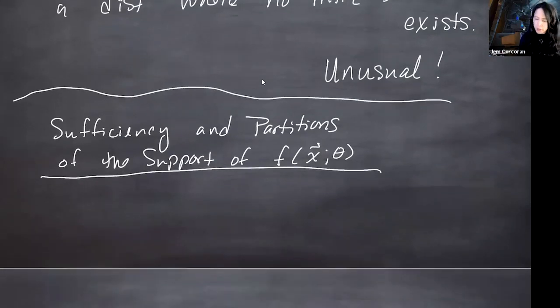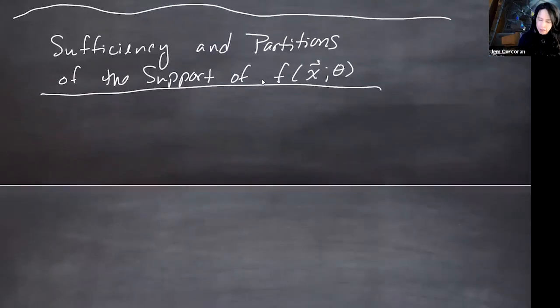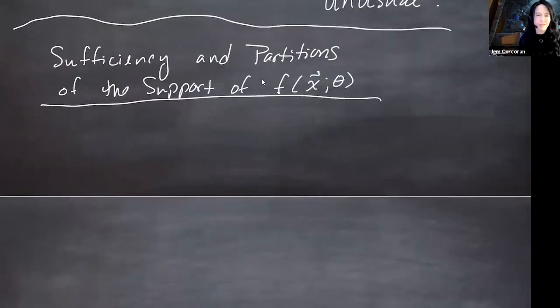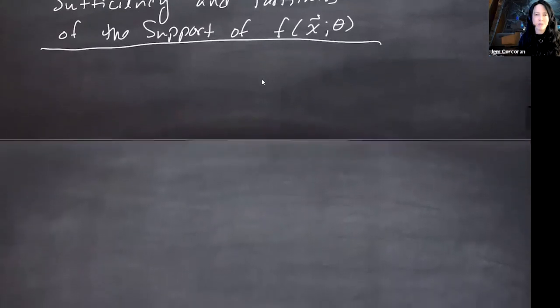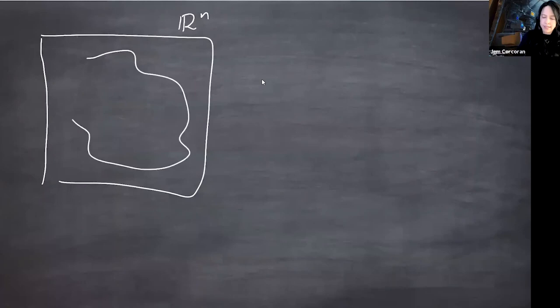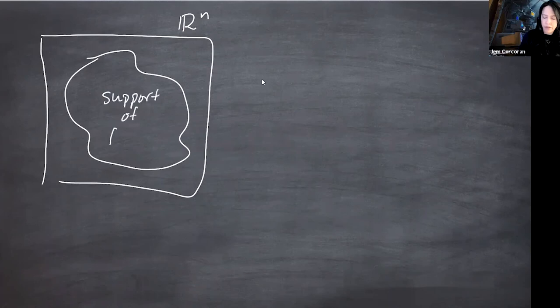Okay, so suppose I have, let me just go to a full slide. Suppose I have this box representing R^n, and then this set representing the support of the joint PDF.